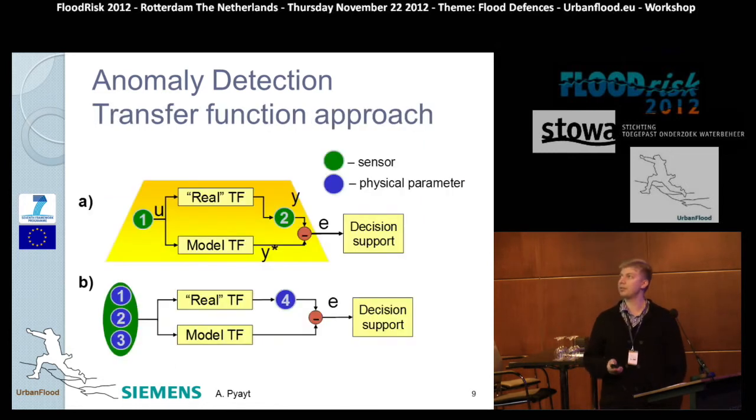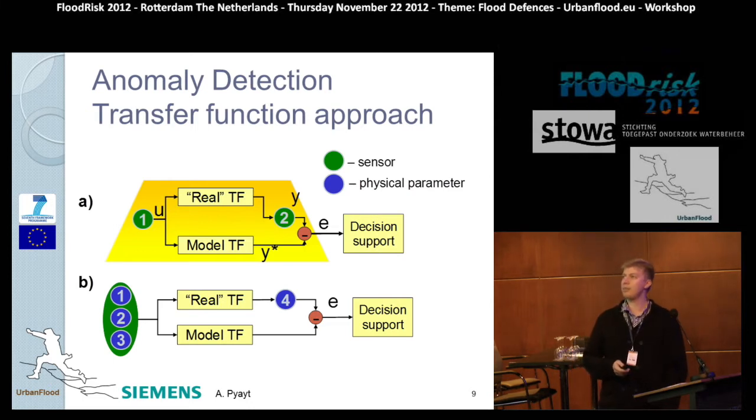In this presentation, I will talk mainly about another approach, about the transfer function. We consider the levee as the transfer function between sensor 1 and sensor 2. And we assume that the behavior of the levee and also the transfer function is more or less stable in time.